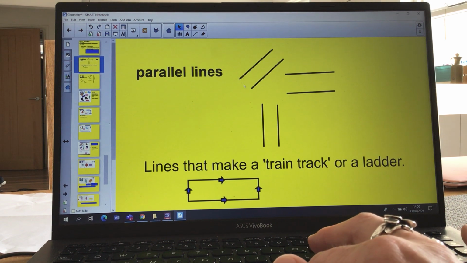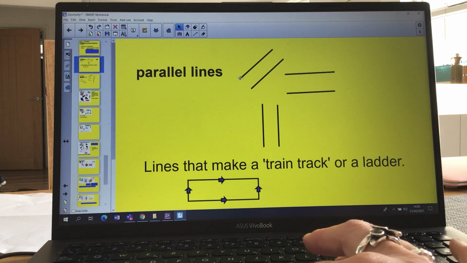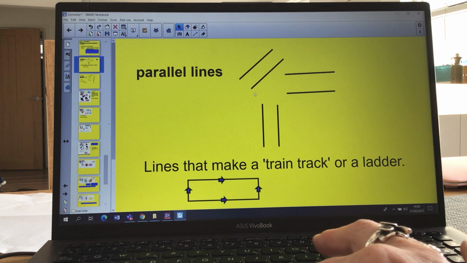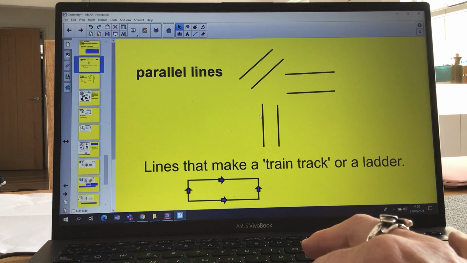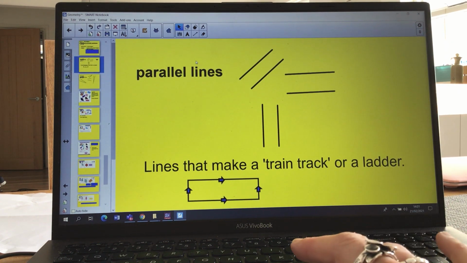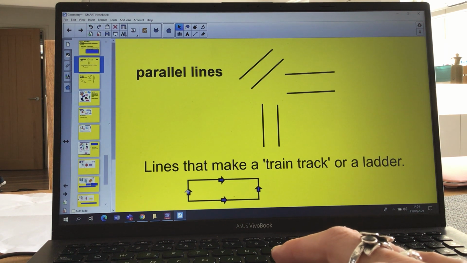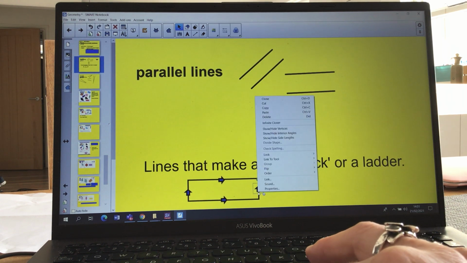You can see this might be a ladder, and this might be a train track. The two lines will never meet because they are staying in a ladder shape or a train track shape. Quite often with parallel lines, children, they're marked on a shape like this. So you have an arrow on this side, and this side here is parallel to this one here.